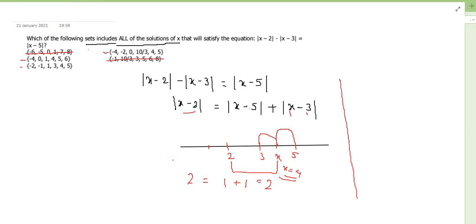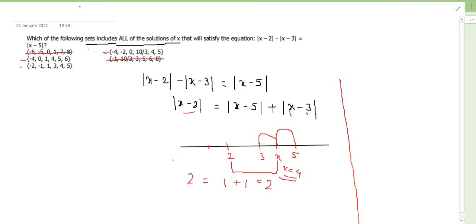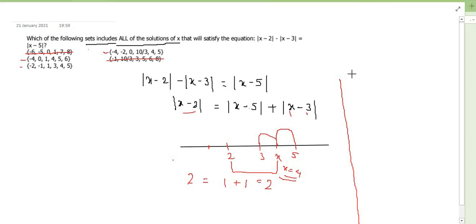Okay, so now let me make another number line here and see if we can find another solution. So right now we checked between 3 and 5. Now what is left to check? We have to check what if x is to the right of 5. That's the only portion where we need to check, right?